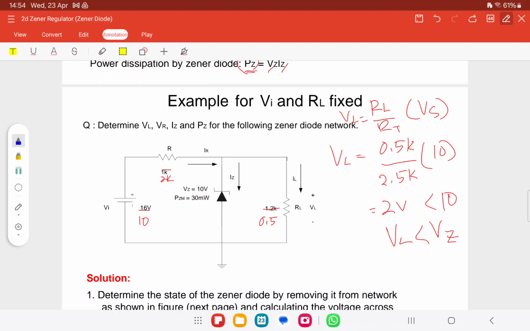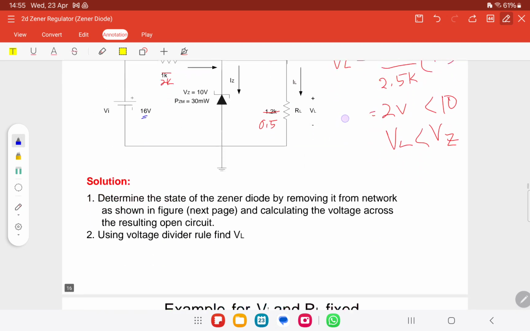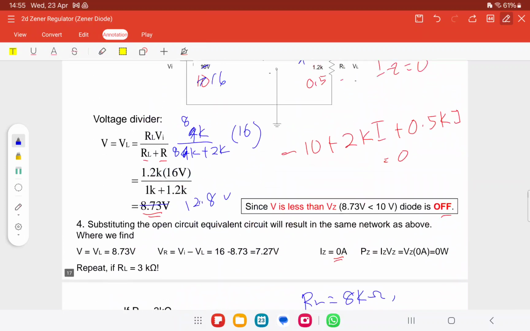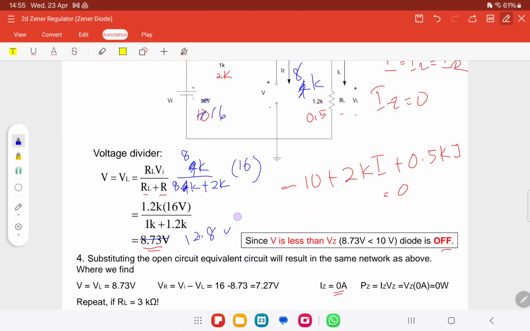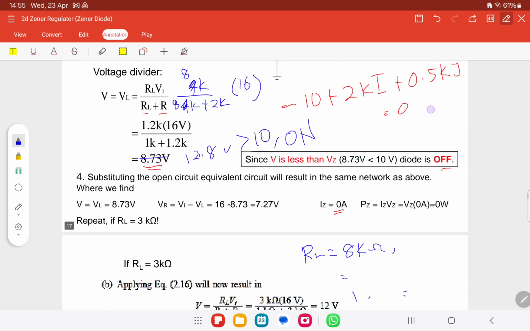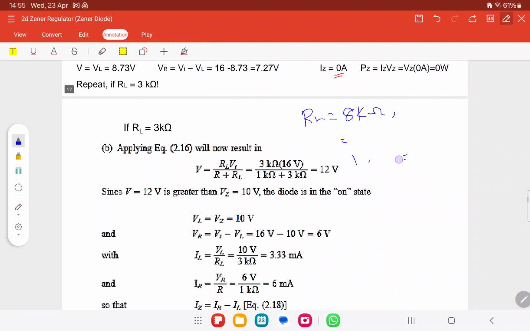Cuma this one tadi kita maintain 16. The VZ given is 10. Okay, so the VZ is 10. So now we get 12. 12 is greater than 10. It is on.